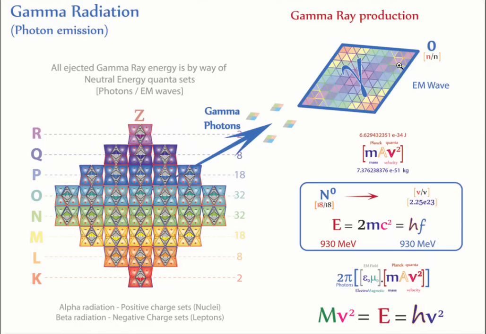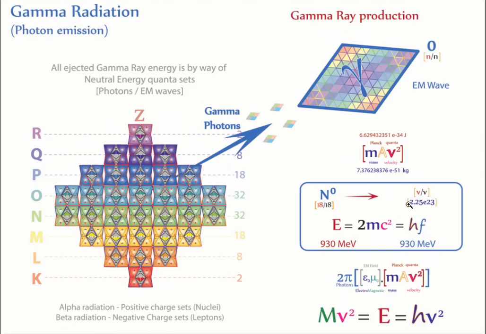Obviously, gamma rays are photon or EM waves with photons. They radiate bidirectionally. So if we want the energy, we obviously just have to account for two masses moving at the speed of light, because that's their velocity in a vacuum, and we can relate that using Planck's constant to the frequency of the gamma ray that's produced, or the frequency of the light.